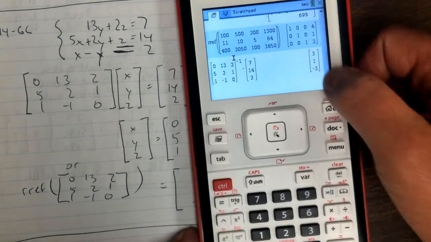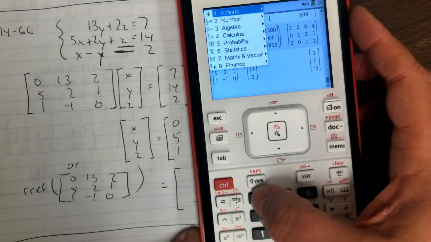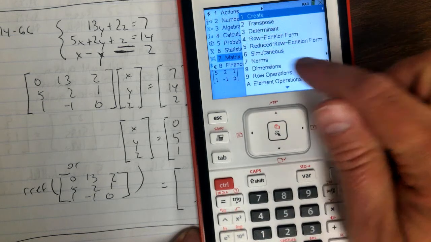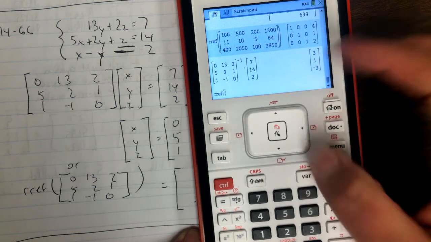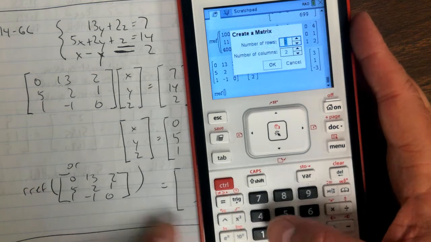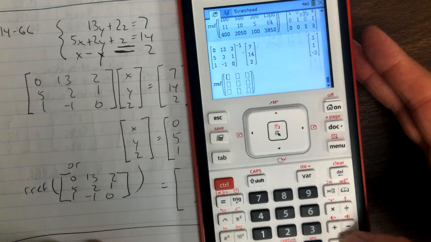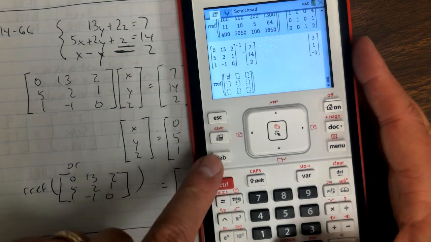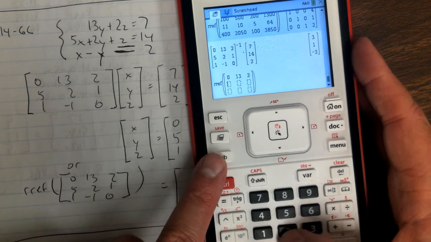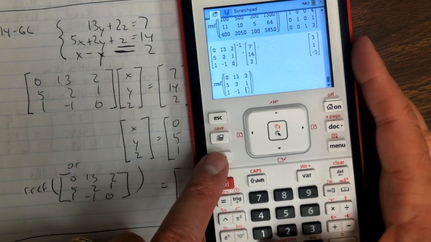Okay, now as I mentioned, I discovered that if you do ref of this, which is your reduced row echelon form, you would get the exact same answer. And again, this is a 3 by 3. And so you get your 0, 13, 2, 5, 2, 1, 1, -1, 0.